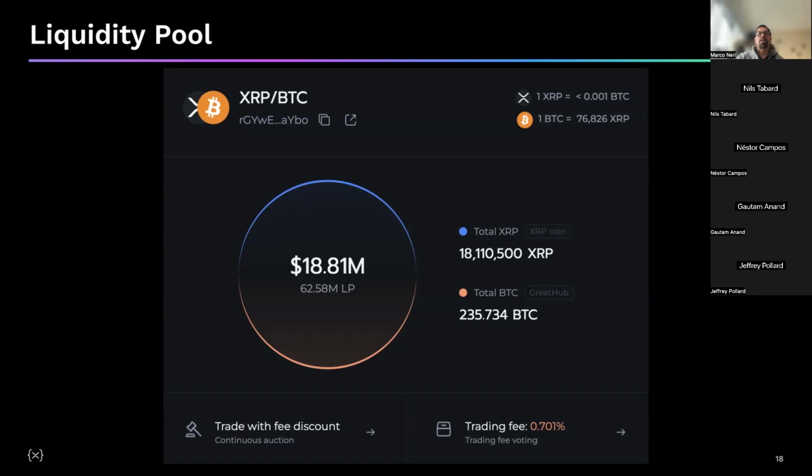And essentially, the only problem that they may have is that if the price changes in these tokens, because of the volatility, they may lose money at the end of the day, and that's what is called the impermanent loss, and that's the type of risk that liquidity providers are exposed to.